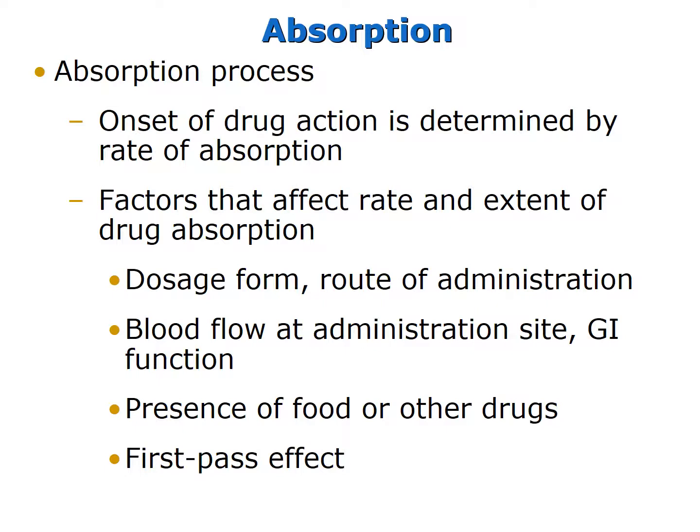Other routes of drug administration bypass the liver, entering the bloodstream directly or via the skin or the lungs. Okay, so basically, first pass effect means that it goes into the stomach, but it goes to the liver and it's metabolized, and then it goes into the bloodstream to do its job.